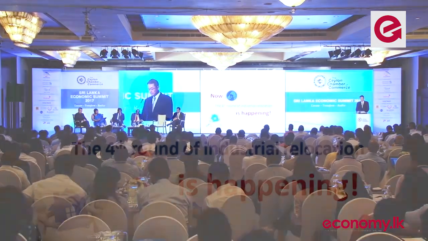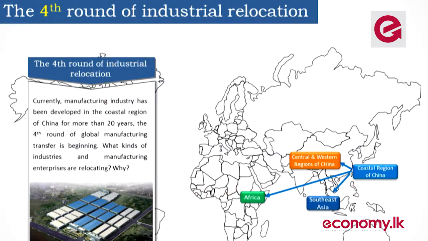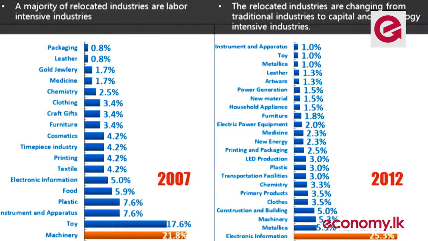The new round of industry relocation is happening. CDI, China Development Institute, conducts the survey every 5 years to follow these issues. We found that in 2007, the majority of relocated industries were labor-intensive industries.